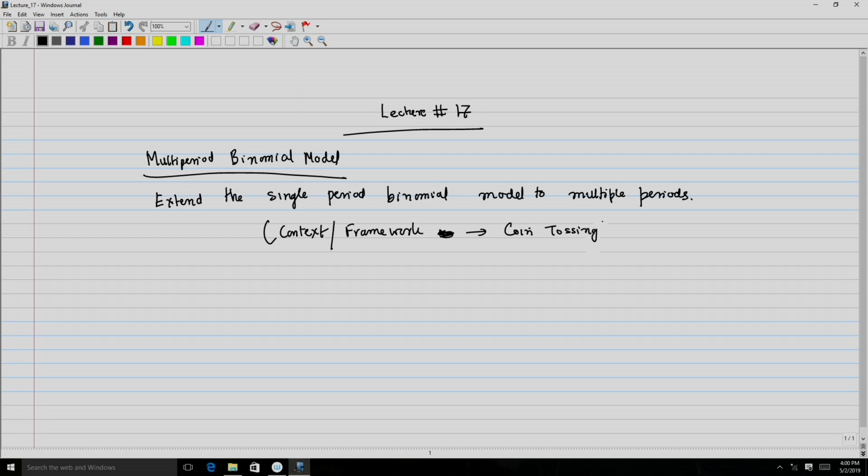Remember that the coin tossing problem is ideally suited for this binomial framework.